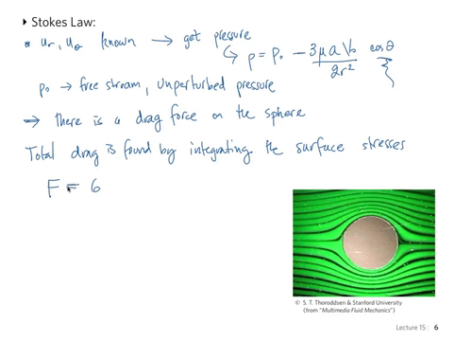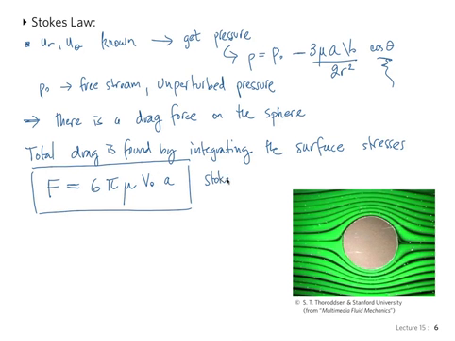The total drag force is equal to 6 pi mu V0 a. This is known as Stokes' law. Famous result for drag on a sphere obtained by Stokes in 1851. This force includes this pressure drag that we talked about, but also the viscous contributions.